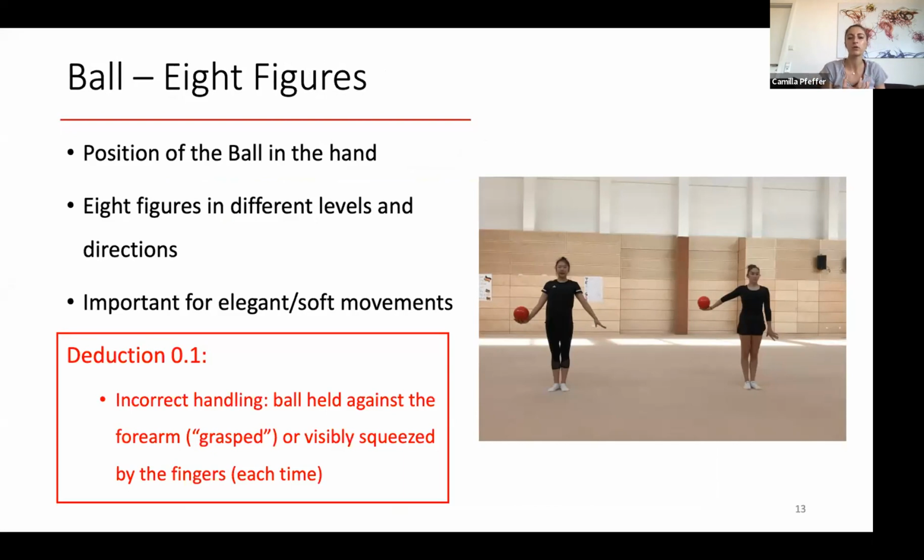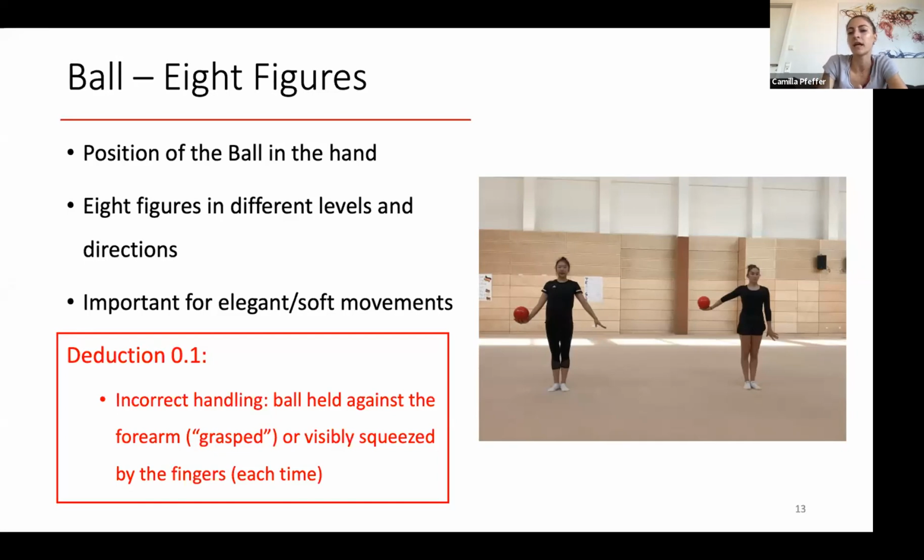And it's very important to not grab it here. So you can learn 8 figures also with small girls, so they can understand how they need to hold the ball. It's very good to learn that technique. And of course, there's that 0.1 deduction for grasping the ball or for squeezing the fingers in.